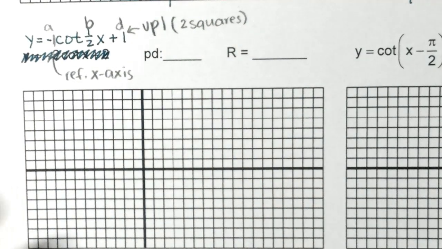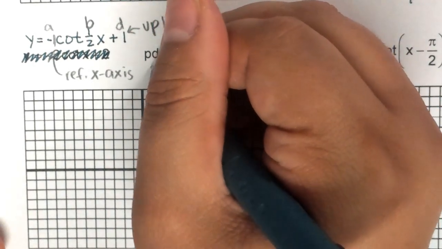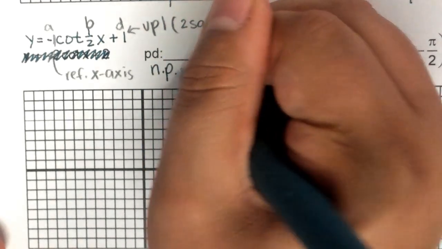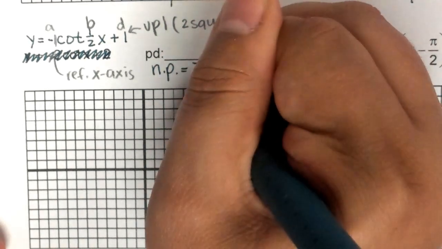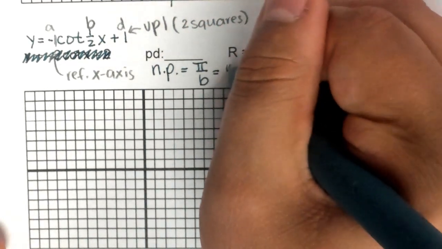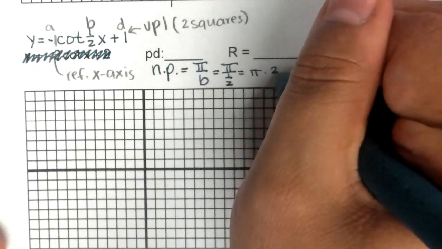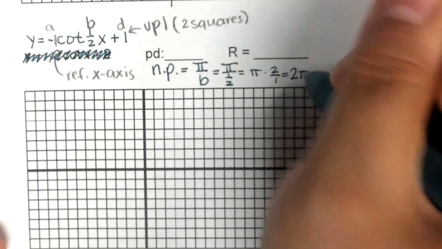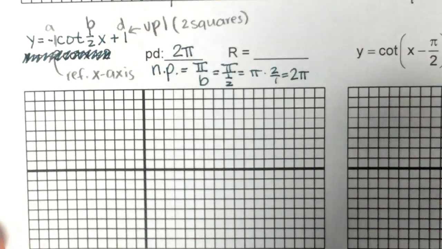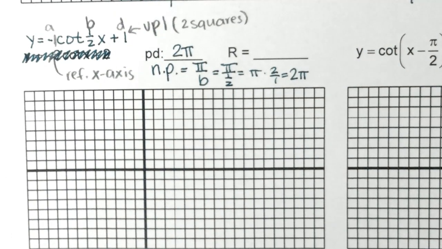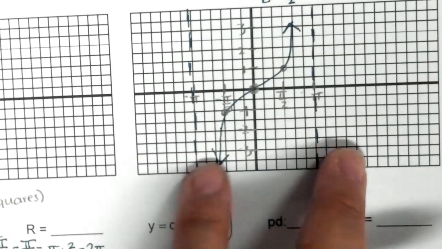So let's figure out what our new period is. Remember, when we do new period, cotangent as well is going to be pi over b. So pi over 1/2. We just did this, so we know it's 2 pi. Now again, tangent is in the middle.